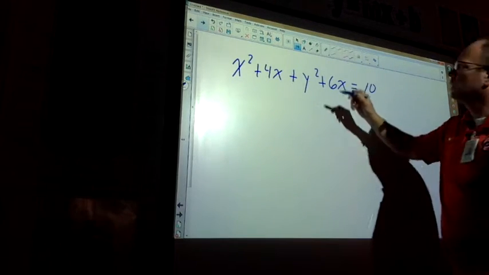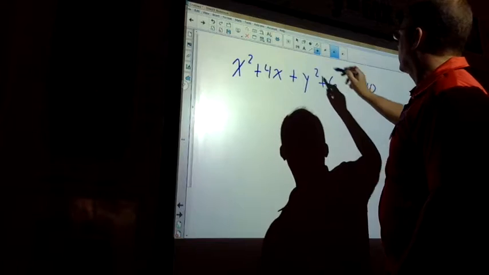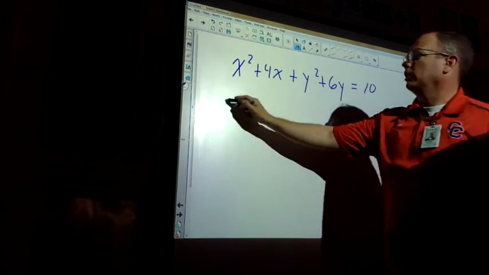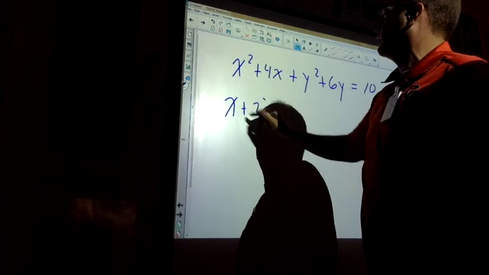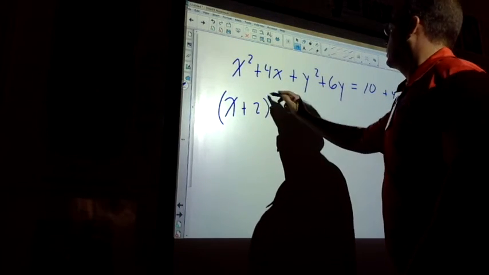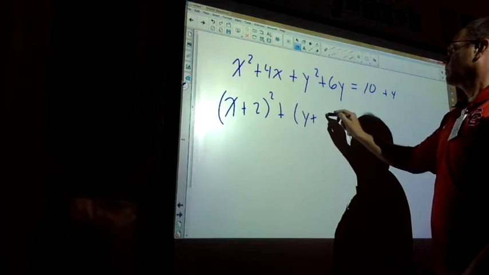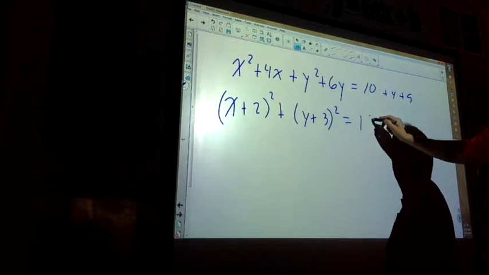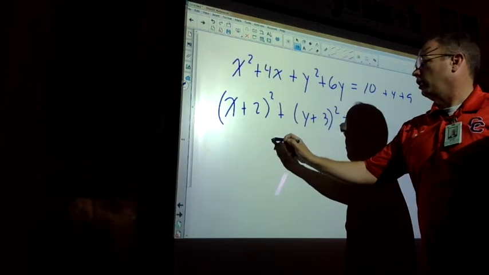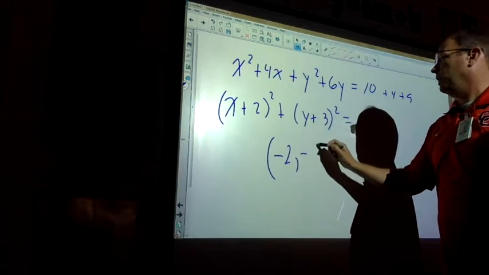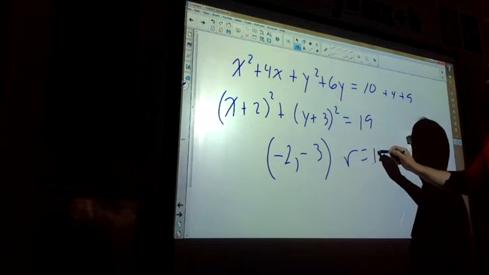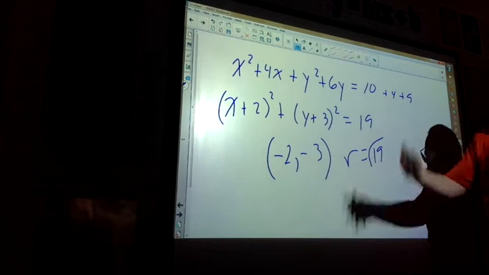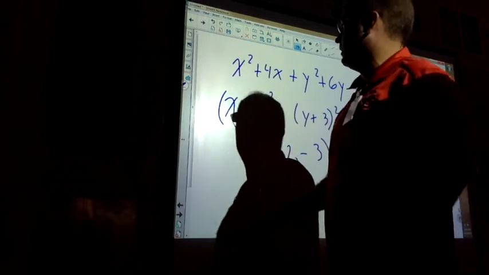This would be the equation of a circle. So this would be a circle with center (-2, -3) with a radius of square root of 19. That'll be the first time you'll see that kind of thing.